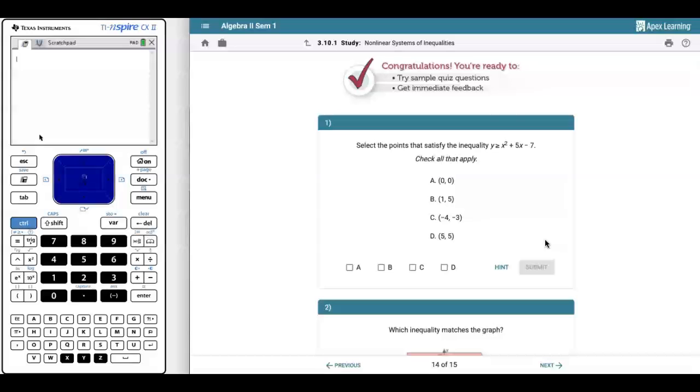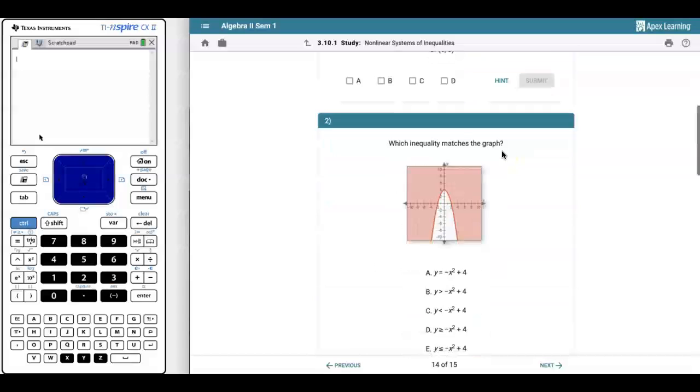So then again, for the inequality, you would have to plot the points and pick the shading. If you're going to do this graphically, or if we are just going to look at an equation and you're given coordinates, what you can easily do is plug in the x coordinate, plug in the y coordinate, execute, and see if it passes or fails.